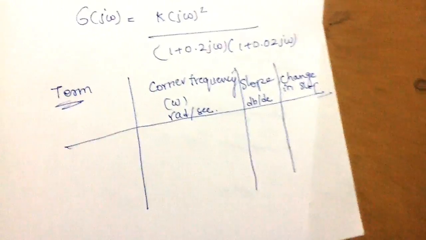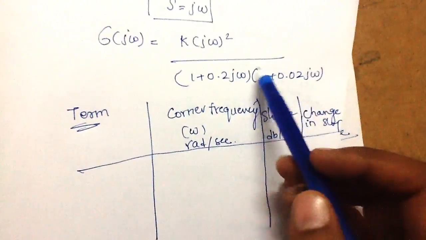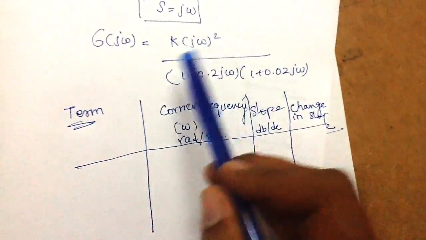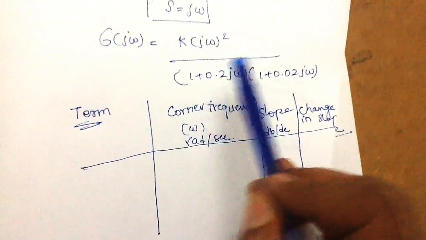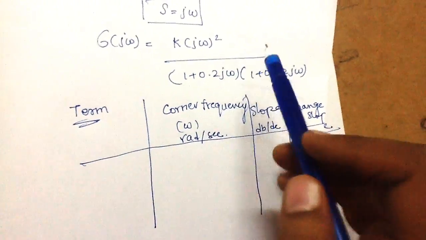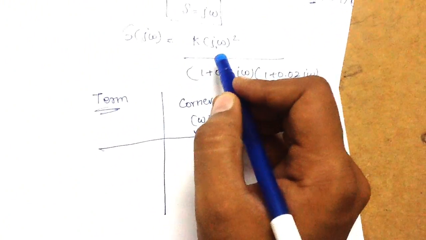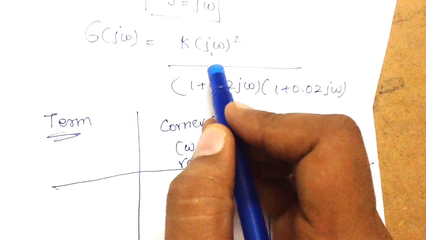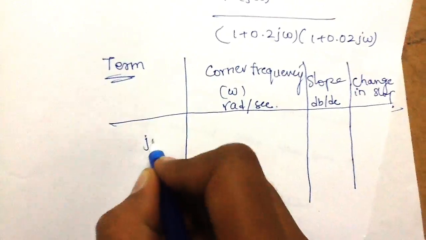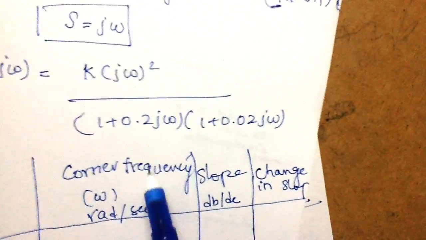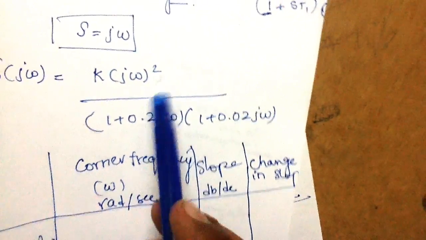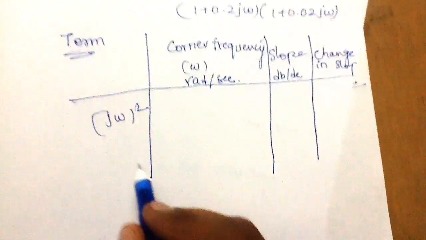So putting that aside, if you look at this equation, how many individual terms do you have? Let me write them down for you. You have (j omega) squared, that is one term. Then 1 plus 0.2 j omega, that is 1 by (1 plus 0.2 j omega).